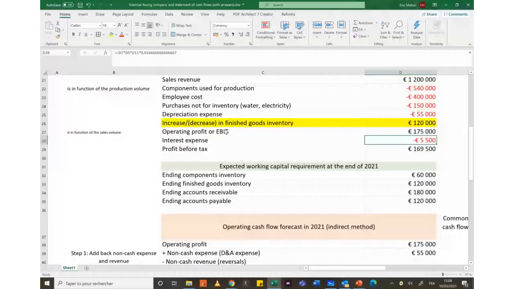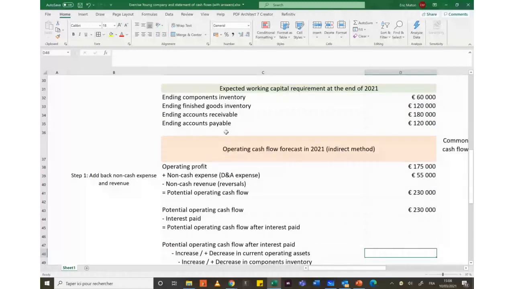In your balance sheet at the end of the year 2021, you will have the 5,500 in the liabilities in the accrued interest payable, because nothing is paid for the moment. So we have exactly the same potential operating cash flow after interest paid.